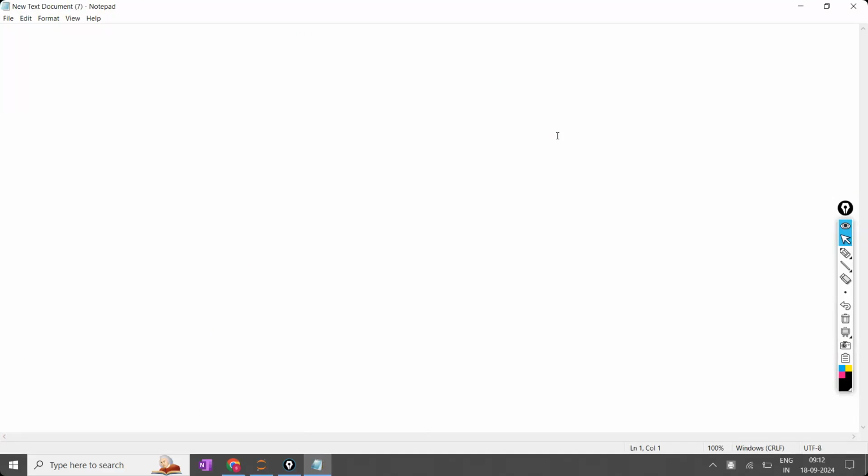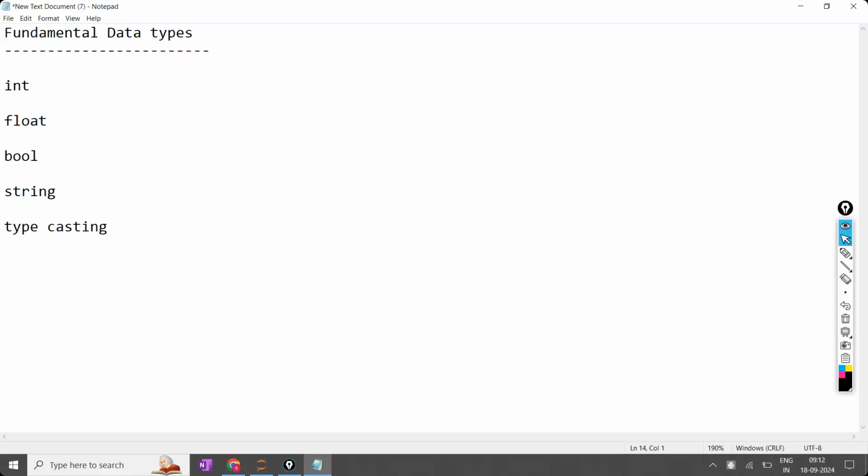From there, we saw typecasting, what is meant by typecasting, and what is meant by functional programming. Functional programming means within a function, one more function, and the inner bracket will be executed first. That comes under functional programming.